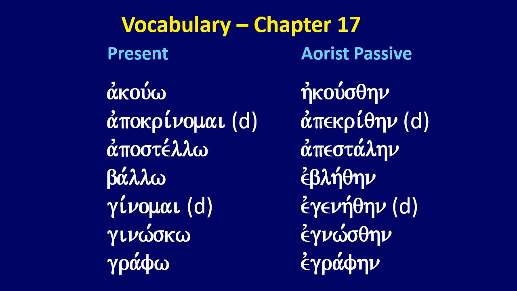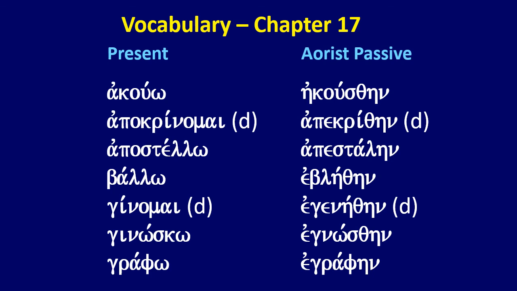The same is going to be true with its aorist passive spelling. Even though it looks aorist passive in spelling, it's actually going to be understood as an active voice in function. And so that form, aorist passive of apokrinomai, is going to be apokrithein. But again, you would translate it as active voice. Instead of I was answered, you would translate it I answered.